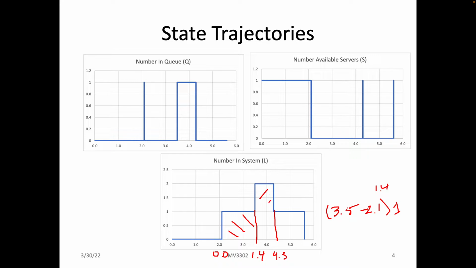So how long were we in the state 2? We were in the state 2, 4.3 minus 3.5, or 0.8, now times 2, which is 1.6. And so now our total area would be 1.6 plus the previous one, which is 3.0.